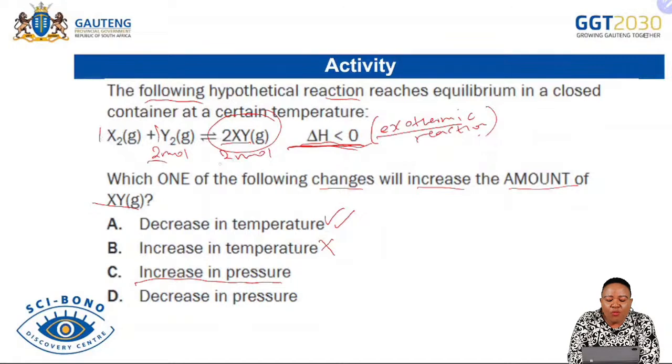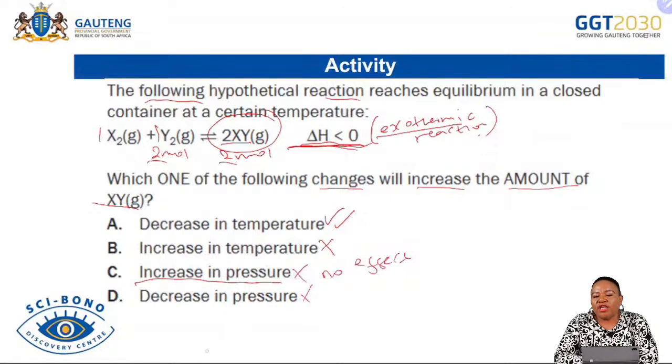So the number of moles on each side is equal. Therefore, if the number of moles on each side is equal, then the pressure will not have any effect. So there is no effect, either if you increase pressure or you decrease pressure, because none of the reactions will be favored, as the number of moles is equal on both sides. They are 2.